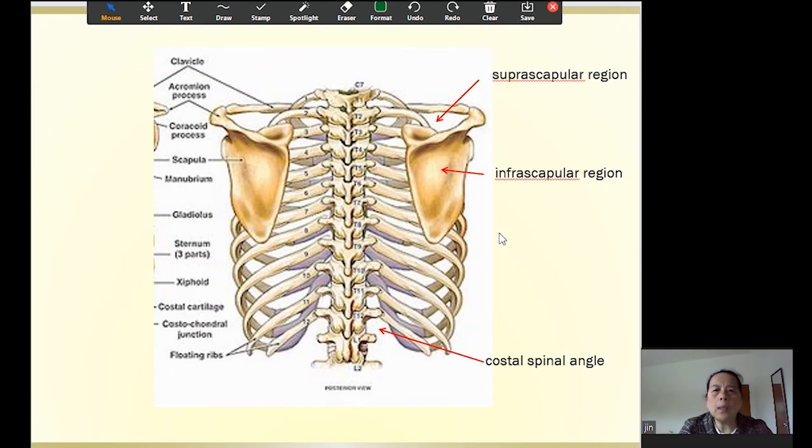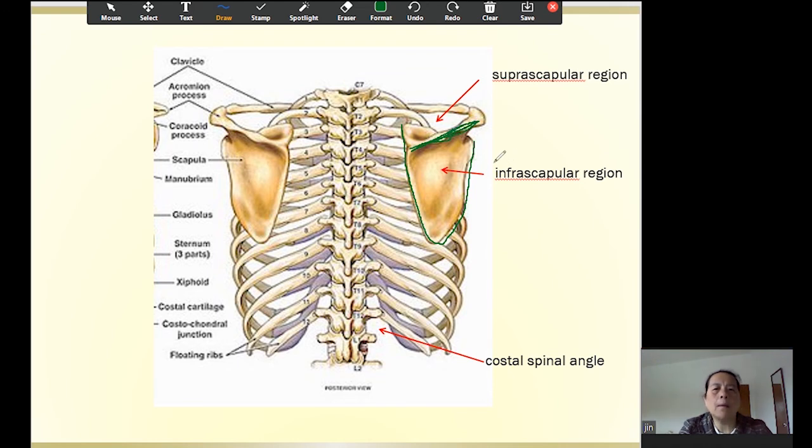When we're looking from the back, basically, we have a scapular bone on both sides. In the scapular bone, they have a spinal process here. So basically, it's a bigger bone bump.